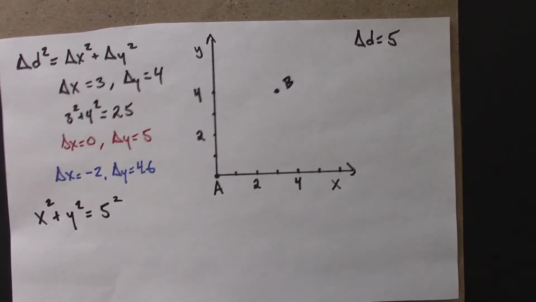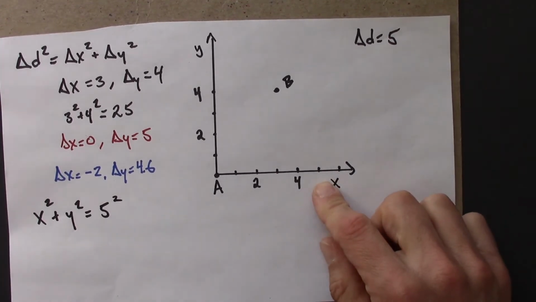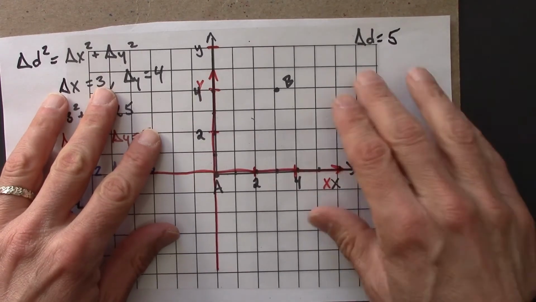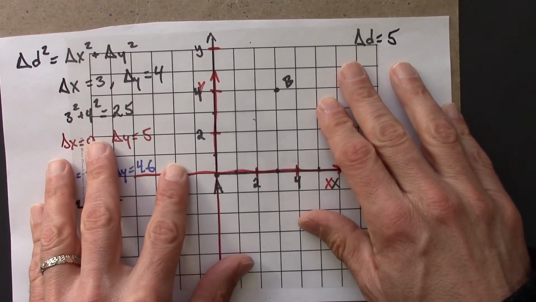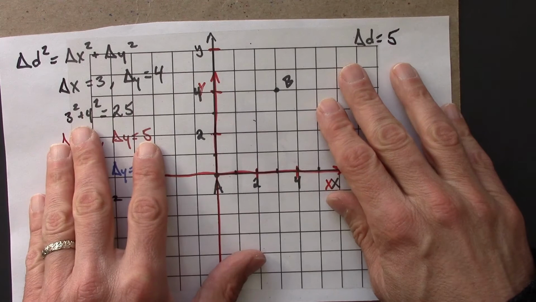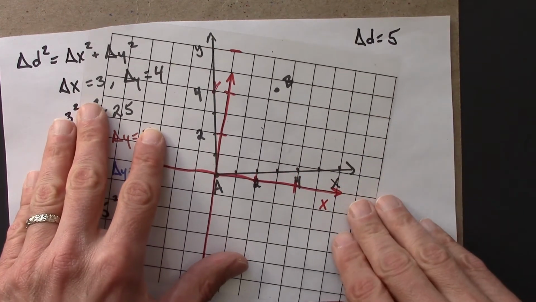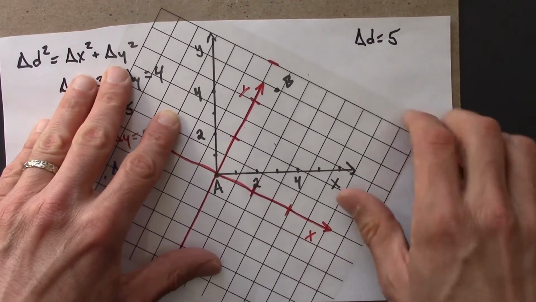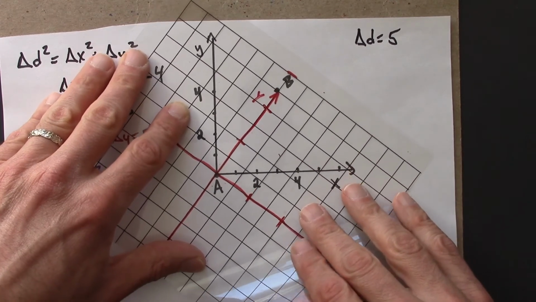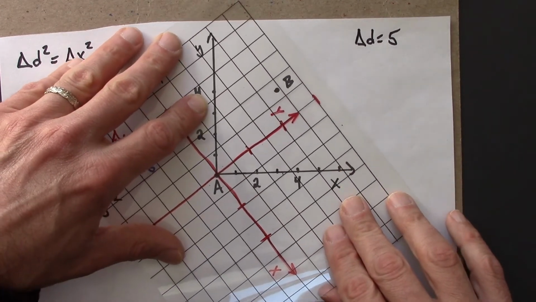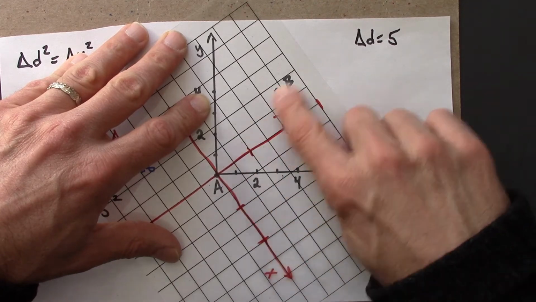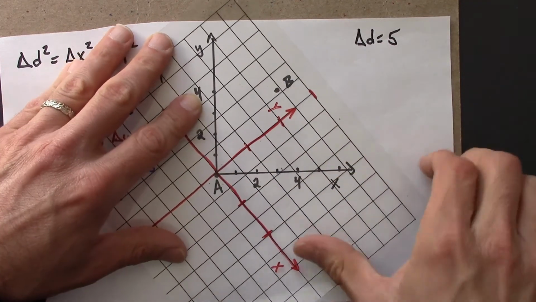And that turns out to be the equation for a circle. And that's what I was trying to get at here. In this coordinate system, I move this around, and the thing that's always staying the same is that point B is always 5 units from point A.